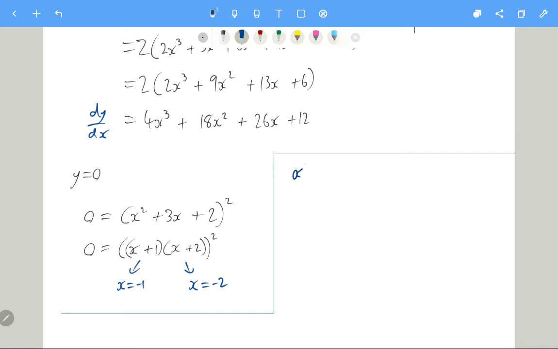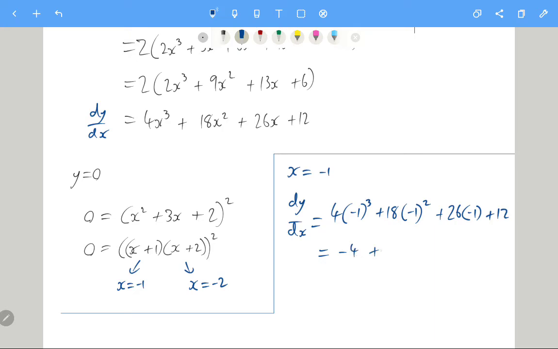When x is equal to negative 1, then dy/dx, the derivative, is equal to 4(negative 1)^3 plus 18(negative 1)^2 plus 26(negative 1) plus 12. So we get negative 4 plus 18, negative 26 plus 12, which adds up to 0.